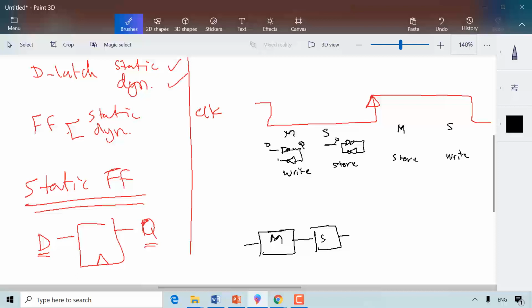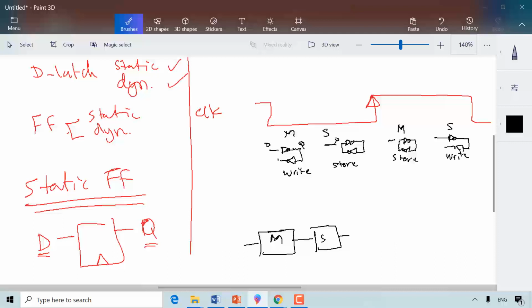Okay, so basically the master has this configuration, and the slave has this configuration where the feedback is broken.